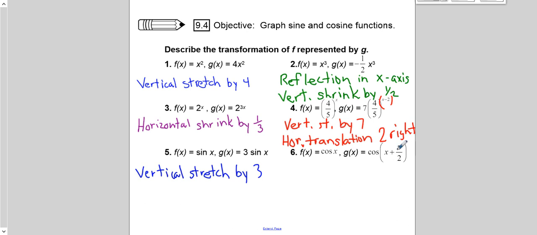So if we're adding something to x, it's going to go the opposite way. So it's going to go left. How much? Pi over 2. We haven't seen what that looks like yet, but we know it's going to shift left. Whatever the cosine graph looks like, we're going to take it and shift it this many units to the left. Right, there's transformations.